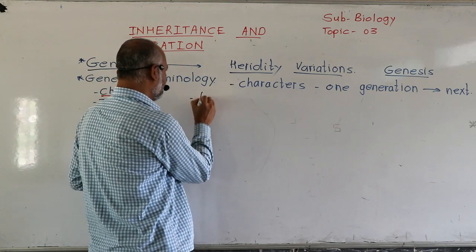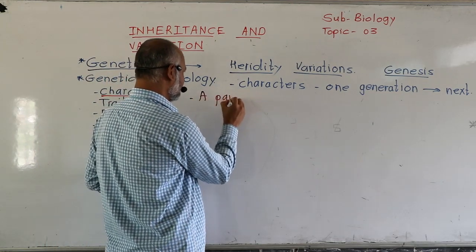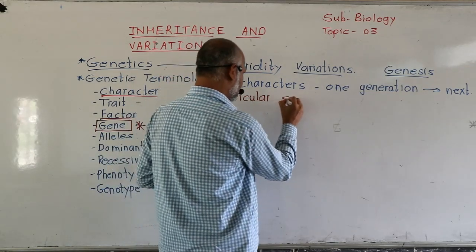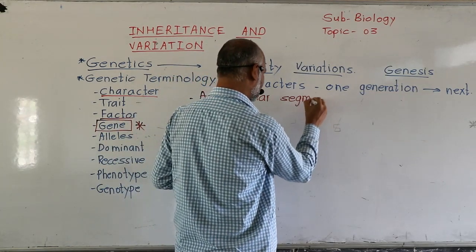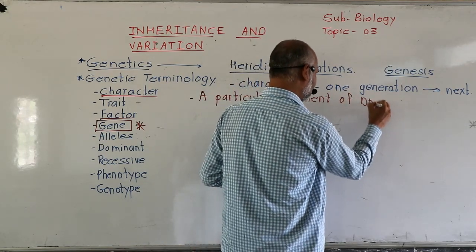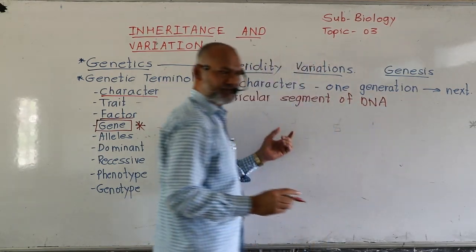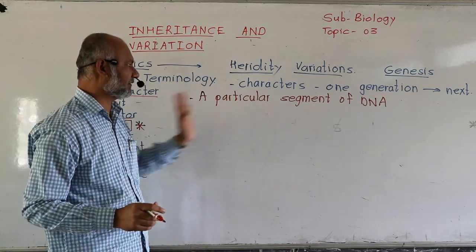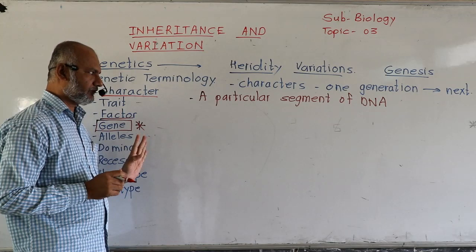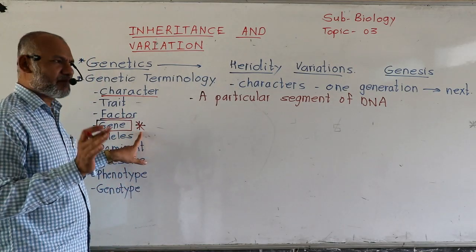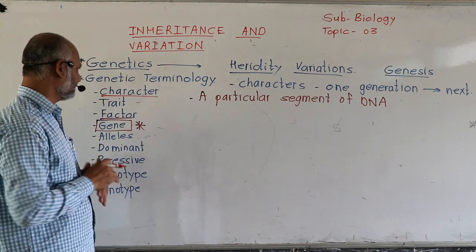Gene is a particular segment of DNA which is responsible for inheritance and expression of a particular character. This term gene was used by the scientist Johannsen.